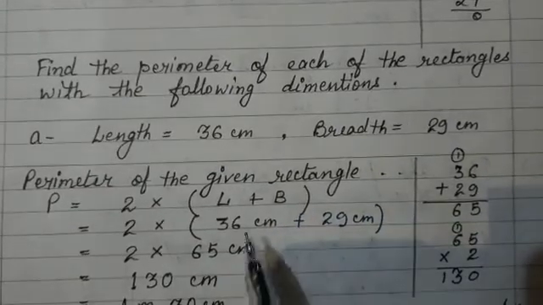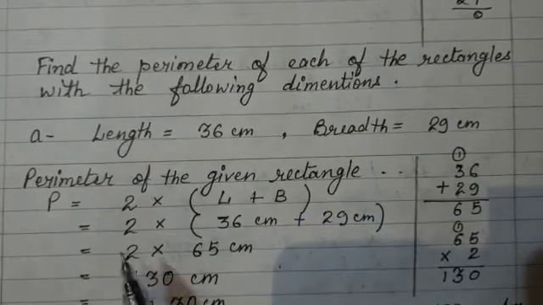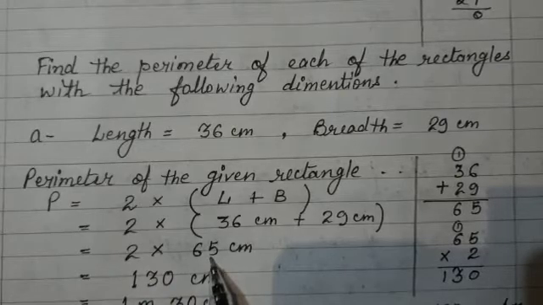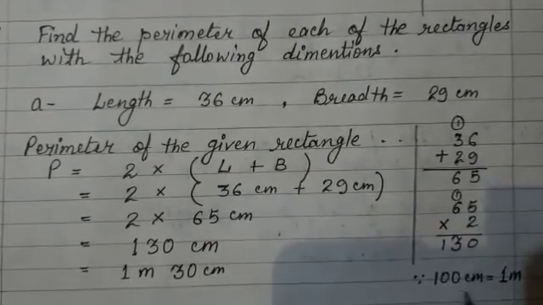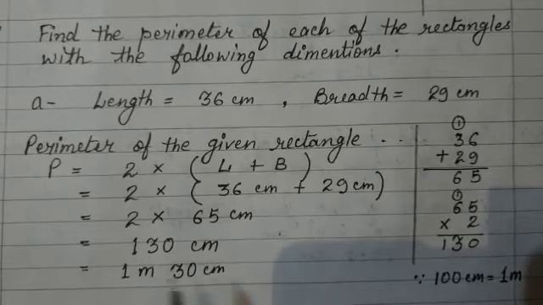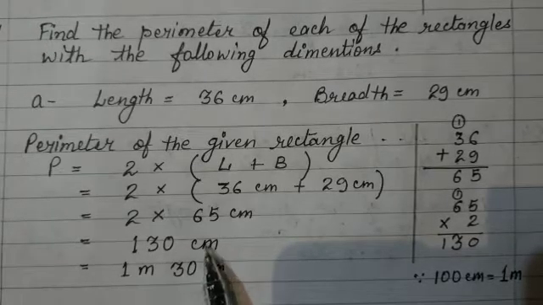Therefore, the sum of these two is equal to 65 cm, and 2 into 65 cm, finally, the perimeter is equal to 130 cm. Here children, we know that 100 cm is equal to 1 meter. Therefore, we can convert it: 100 cm is equal to 1 meter, so 1 meter 30 cm.